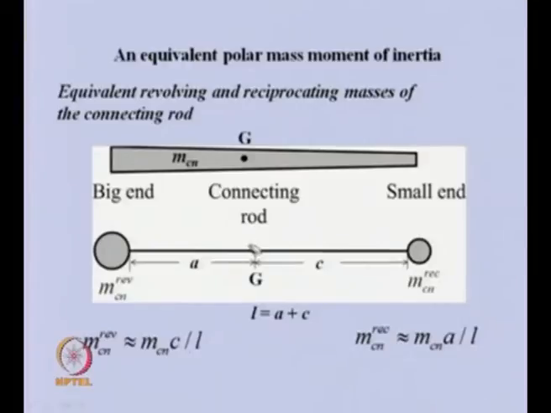Say the center of gravity of the connecting rod is at G, where A is the distance from one end to G and C is the distance from G to the other end, and the total distance is L, that means A plus C is L. Approximately, this particular mass will be given as the total mass of the connecting rod times C divided by L. Similarly, this particular mass will be given as the total mass of the connecting rod times A divided by L. So, this is an approximate relation.